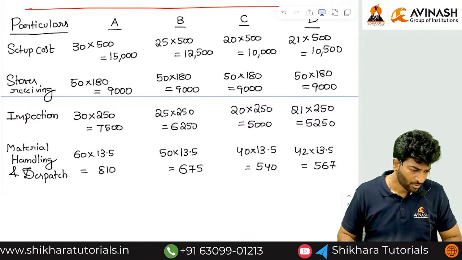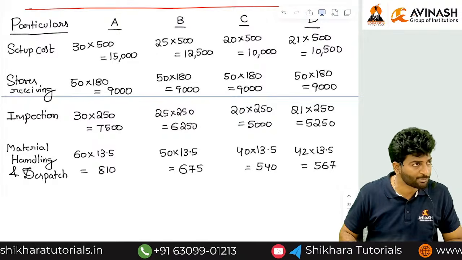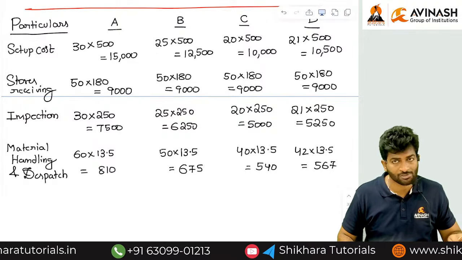Okay. So apart from that, I think we don't have any other expenses, right? Even operation maintenance cost also we apportioned.